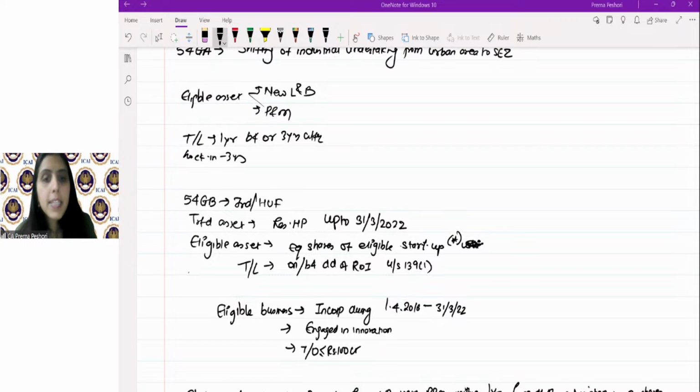Next particular case is in respect of Calcutta High Court decision in Aditya Kumar. And what was that decision? This decision is in regard to whether the amount incurred by the assessee towards clearing the title of the property acquired through will be included in the cost of acquisition.